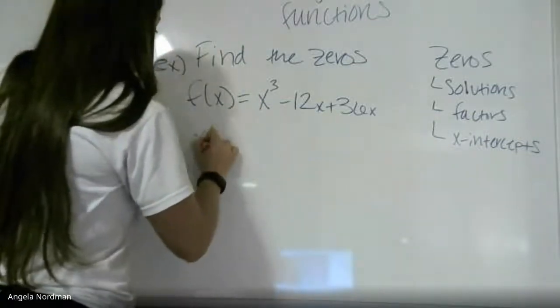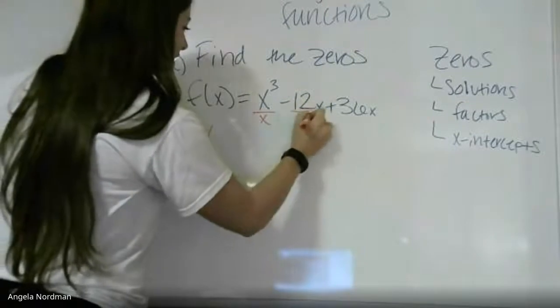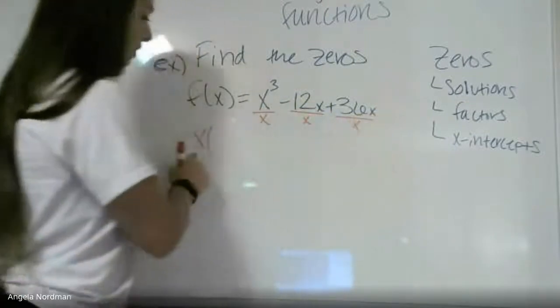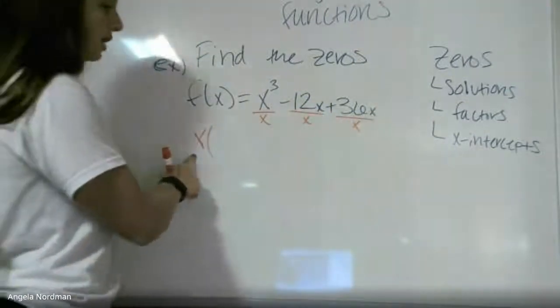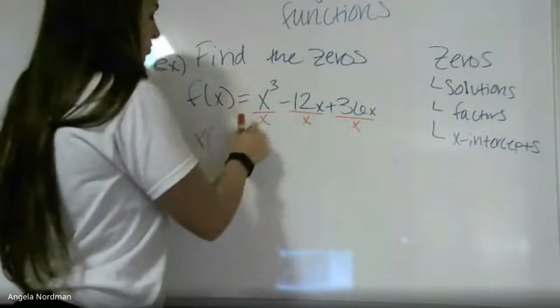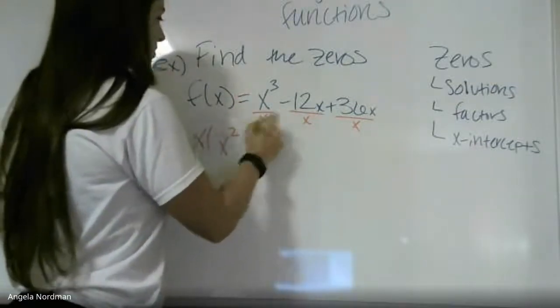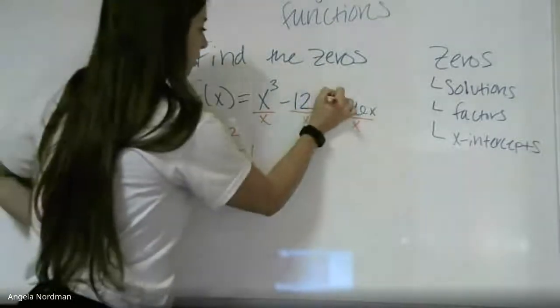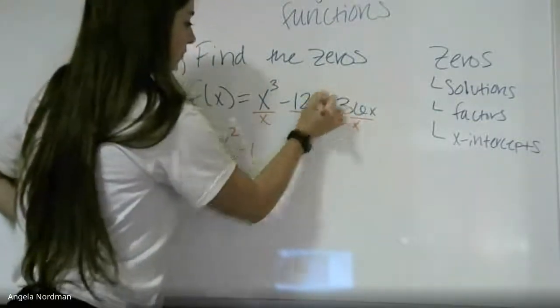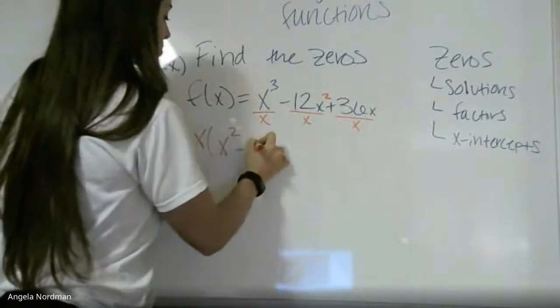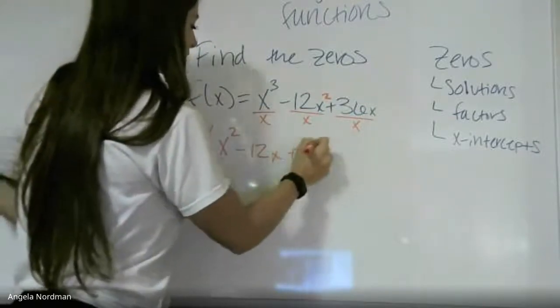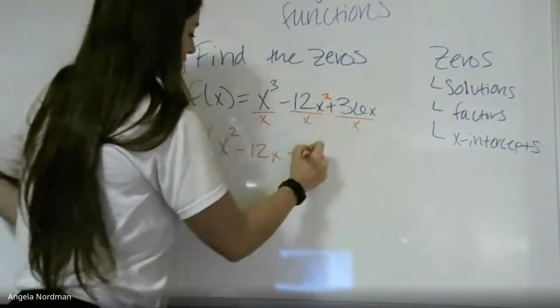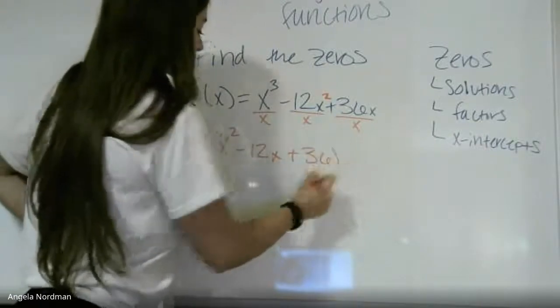When I factor something out, it's the same thing as dividing each term by what's been factored out, right? By that greatest common factor. x cubed divided by x is x squared. Negative 12x squared divided by x is negative 12x. And 36x divided by x is just 36.